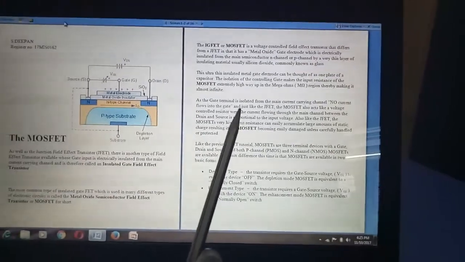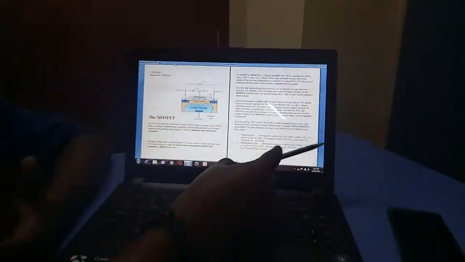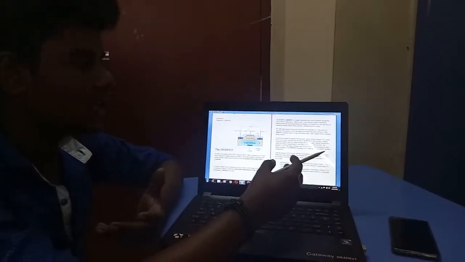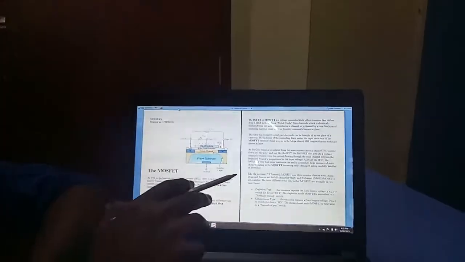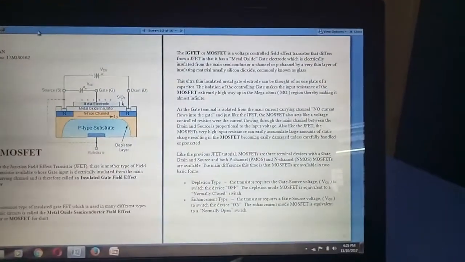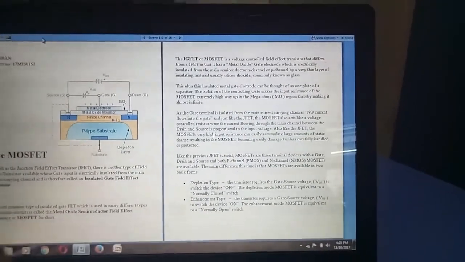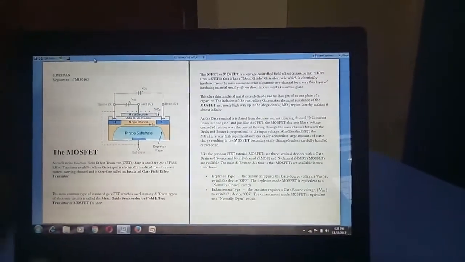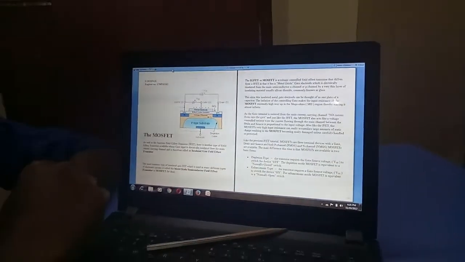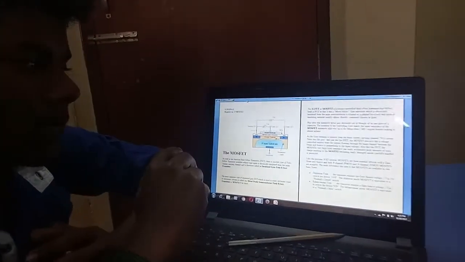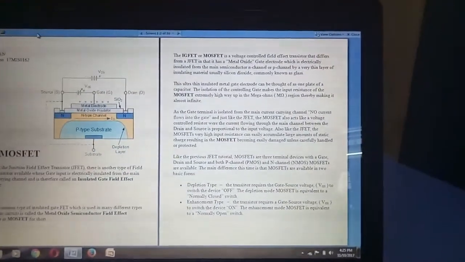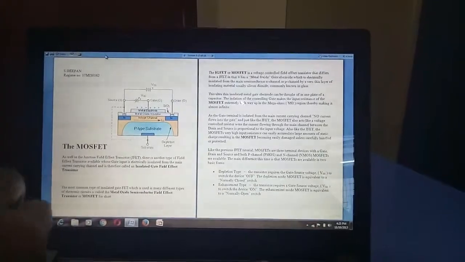As the gate terminal is isolated from the main current carrying channel, no current flows into the gate, and just like the JFET, the MOSFET also acts like a voltage controlled resistor where the current flowing through the main channel between the drain and source is proportional to the input voltage.